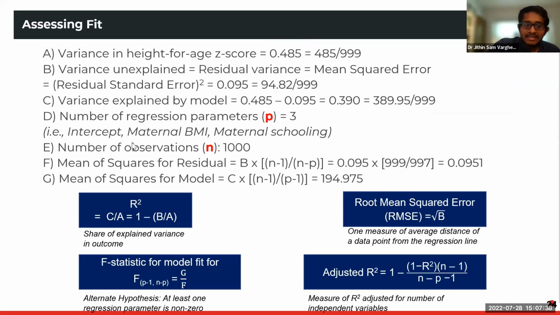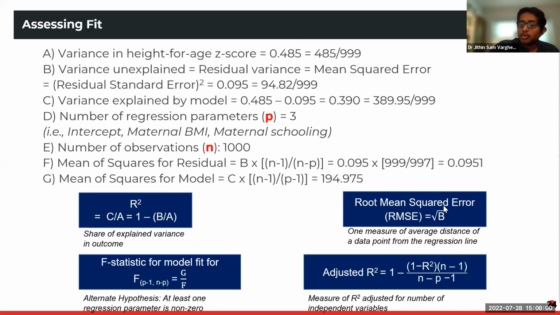Now, these are the same parameters which I spoke about previously. We often hear of a concept called R square, which is the share of explained variance in the outcome, which is basically the variance explained by the model. In this case, it is 0.390 divided by your total variance, 0.485.